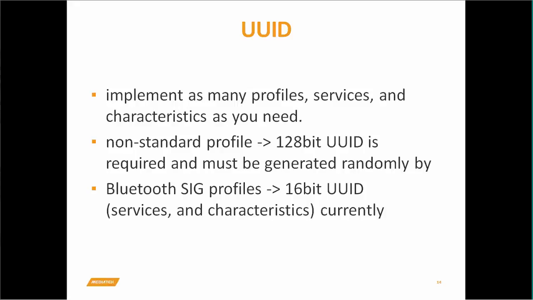So they standardized these unique identifiers so that they become compatible with each other. If you plan to do a commercial device, I would highly recommend you check out these standardized services and characteristics, see if your device fits into that, and then use the officially suggested unique identifiers.